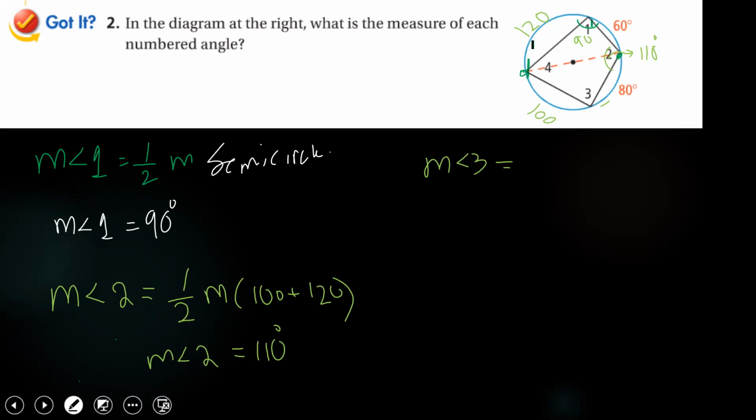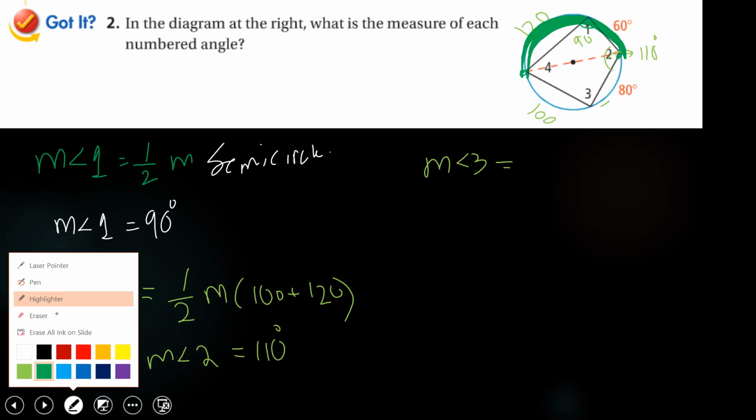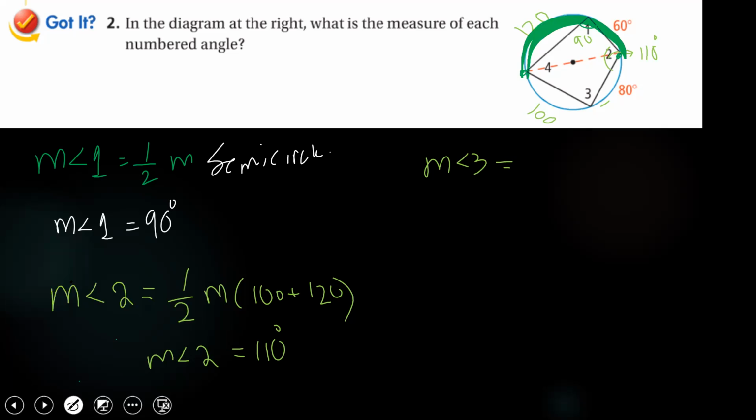It's 120 and 60, this one. 60 and 120 make 180, or we can say it's a semicircle. So it will be half. We really have many ways to solve these questions, and because of that, it's easy. So half the measure of the semicircle, which means the measure of angle 3 will be 90 degrees.